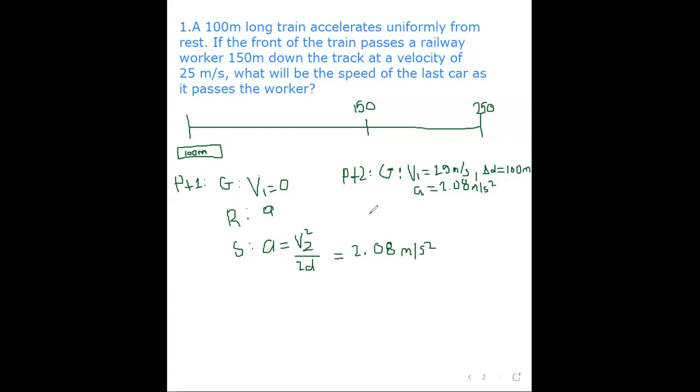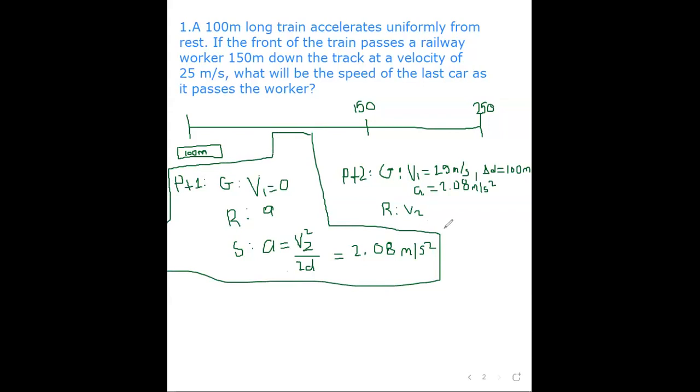In this case, we're trying to find v2. So the solution would be v2 equal to the square root of v1 squared plus 2ad.